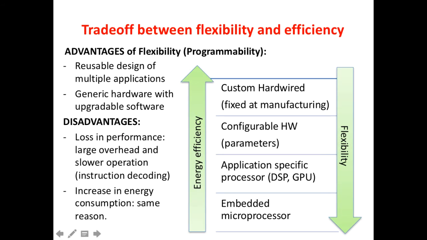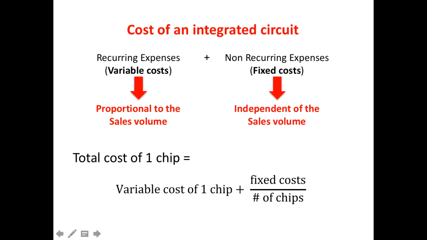On the other hand, if we go to the other extreme, just to make the case, an embedded microprocessor that is completely programmable can be used for a large number of applications, and therefore you are in a different situation.